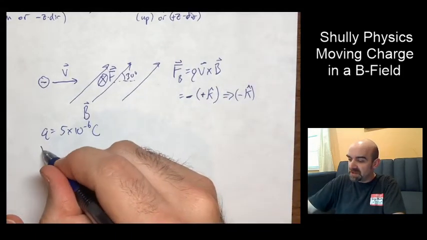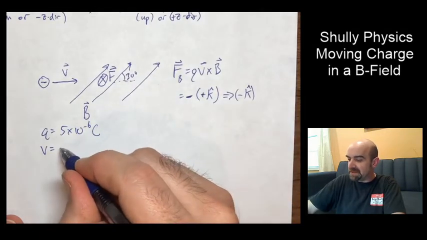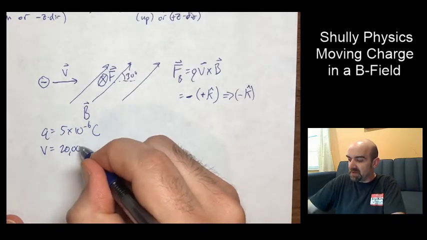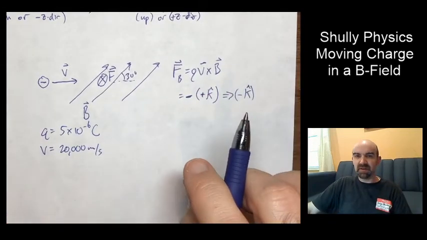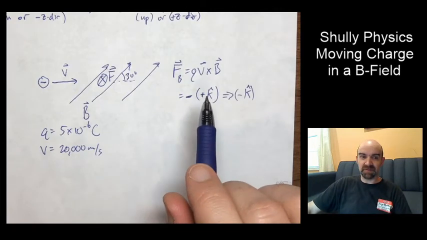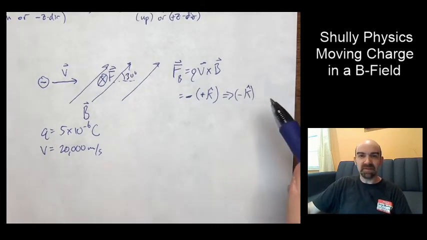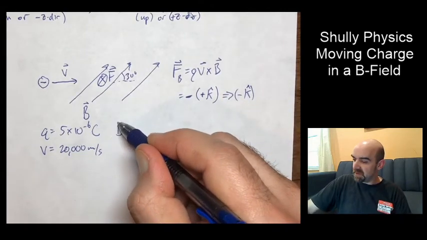We'll give the velocity, let's say, 20,000 meters per second. We're traveling along here. Very sub-light speeds, but still pretty fast, 20 kilometers per second. That's a good speed.